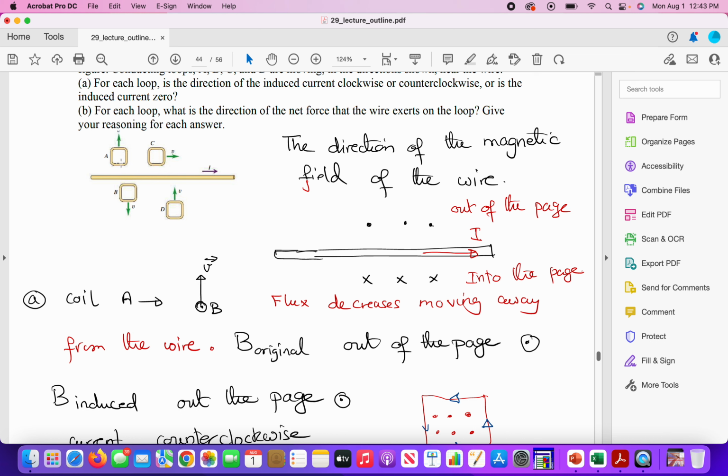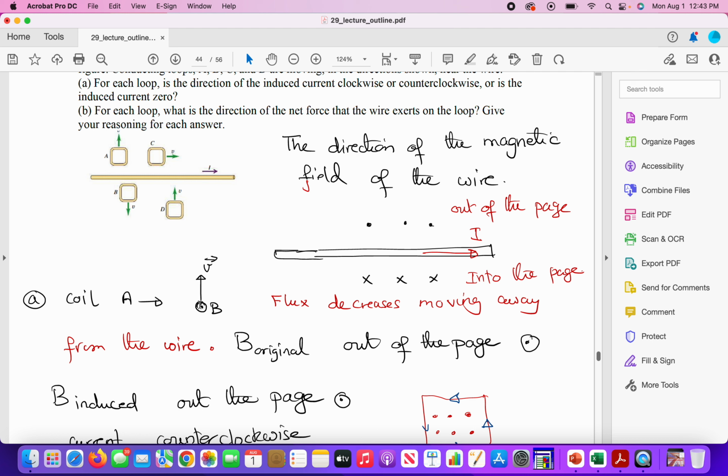The magnetic field at its position is out of the page. The motion v is upward, and here we can say the flux, because it is moving away, is decreasing. Then B original is out of the page, and B induced is out of the page as well, because there is a decrease in the magnetic flux.